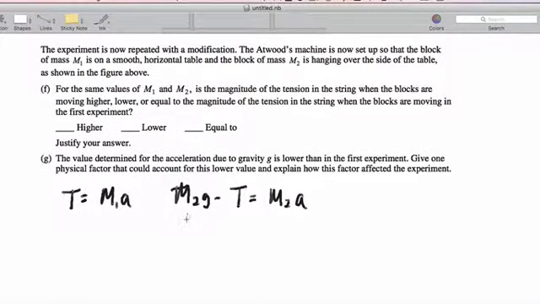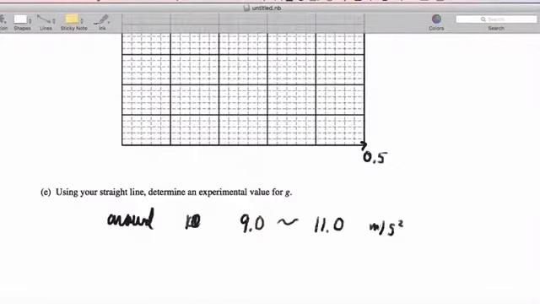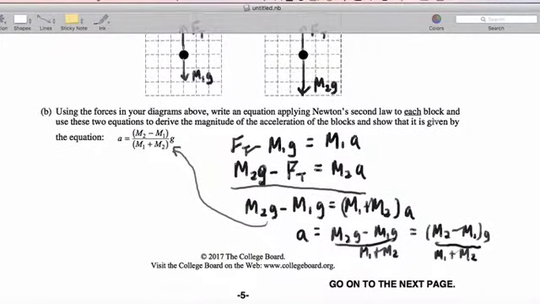So what I end up getting from my acceleration when I actually substitute this into here is that a equals M2g over M1 plus M2. So when I get the tension here, I'm going to get T equals M1 times M2 times g over M1 plus M2. Now what I'm going to do is I'm going to go back and actually get the tension in the first part and just compare them. This is the brute force way of doing it.